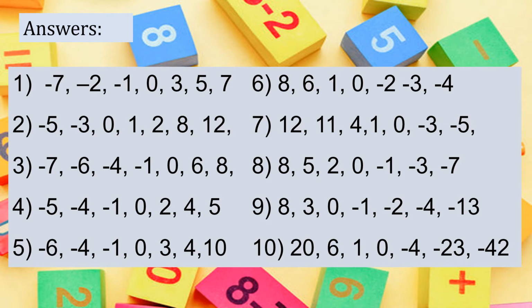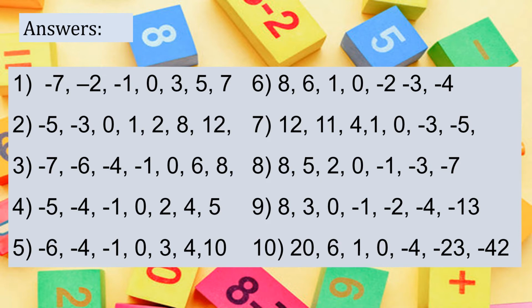Number 4, negative 5, negative 4, negative 1, 0, 2, 4, 5. Number 5, negative 6, negative 4, negative 1, 0, 3, 4, 10. Okay, so the negative numbers have the smallest value.